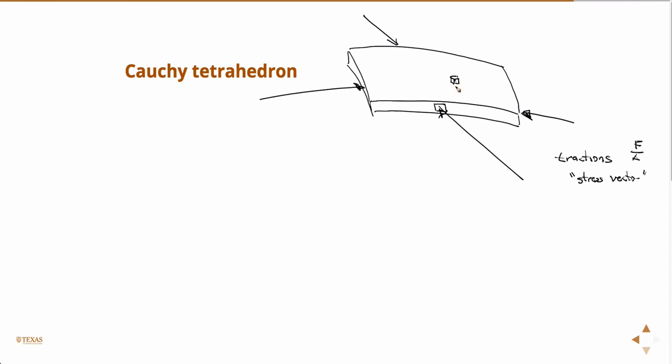Gravity, right? That's a body force. So there could be other body forces. Electromagnetic forces are also body forces. But there's at least gravity for sure if we're talking about a piece of the Earth.